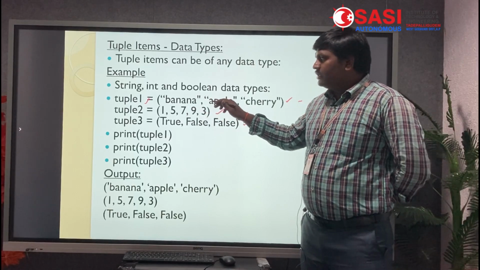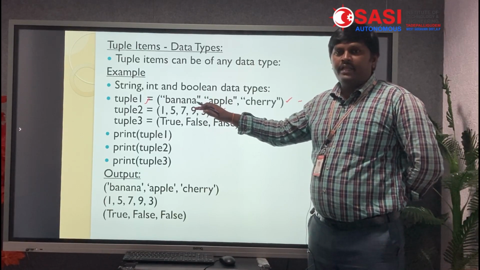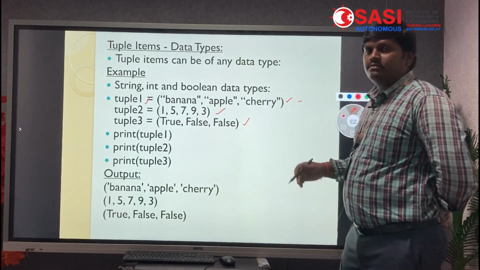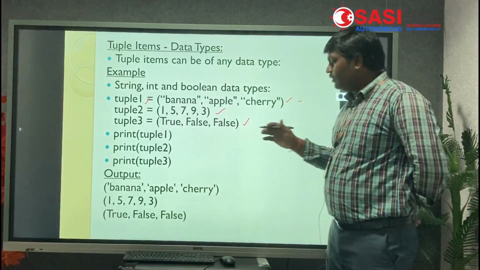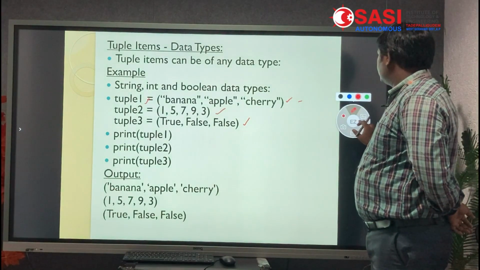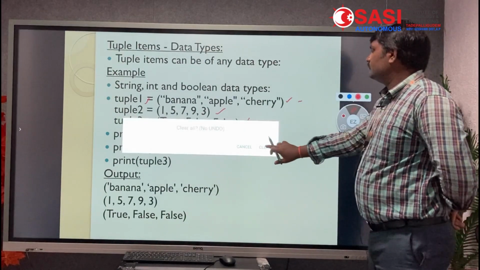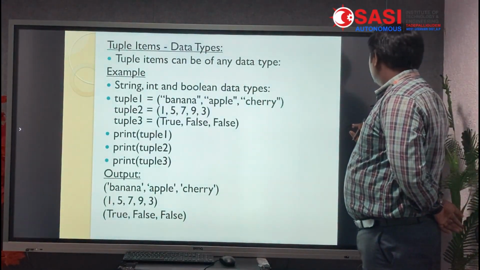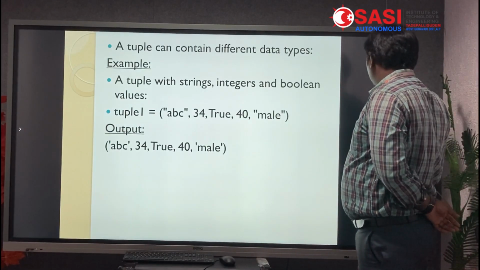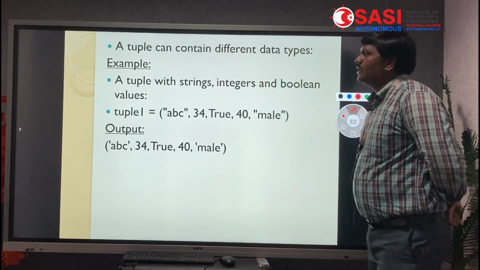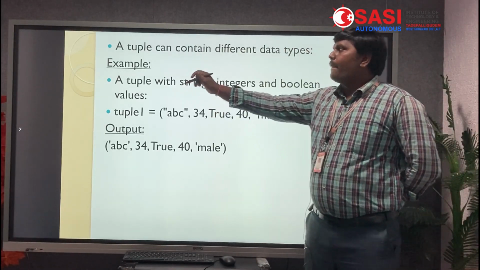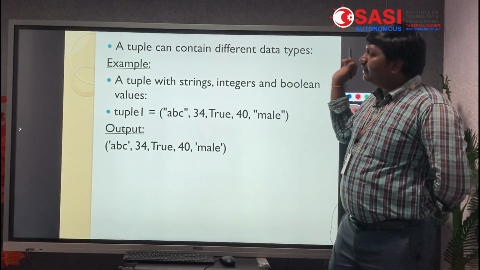In these examples we are storing similar types of data values. In the next slide we are storing multiple types of data values. See, a tuple can contain different data types.